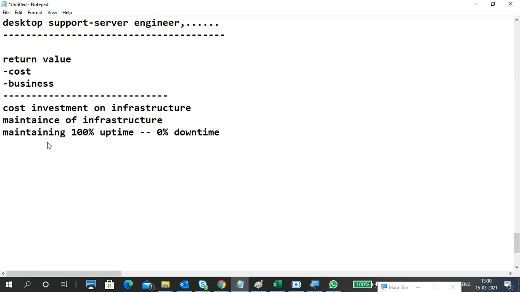Maintaining 100% uptime, it means 0% downtime, is very challenging. I'm not saying impossible or difficult, it is a challenging thing. Always make sure that your infrastructure must be up and running. So you have to maintain the service constantly, and without downtime we are able to produce.